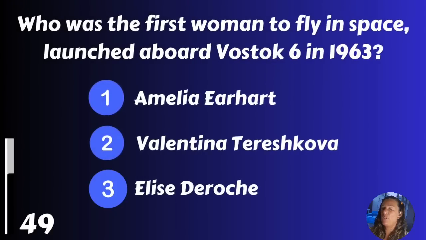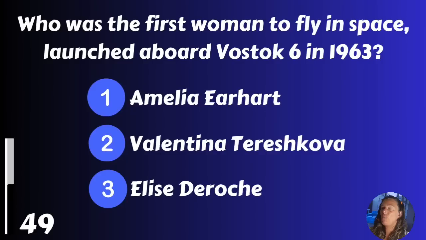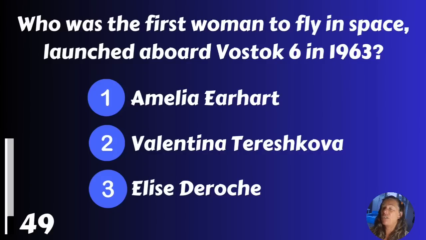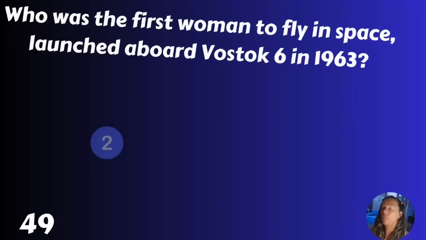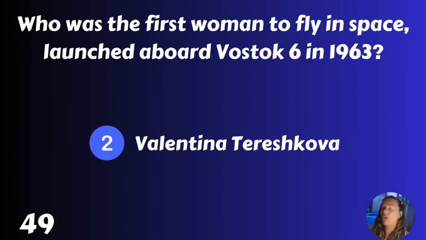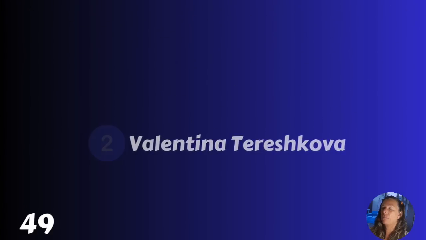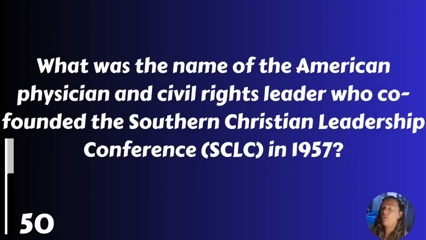Who was the first woman to fly in space, launched aboard Vostok 6 in 1963? Amelia Earhart, Valentina Tereshkova, or Elise de Roche? Valentina Tereshkova. What was the name of the American physician and civil rights leader who co-founded the Southern Christian Leadership Conference, the SCLC, in 1957?